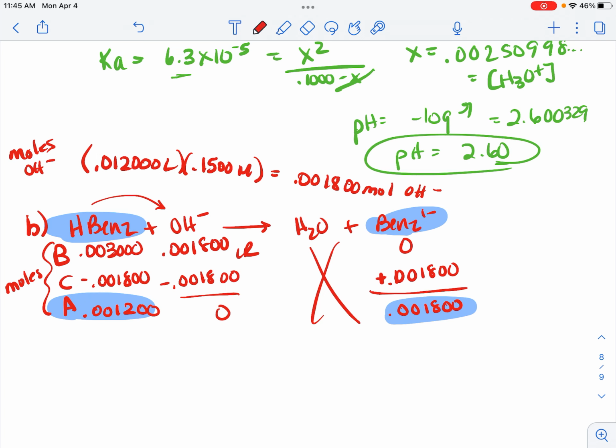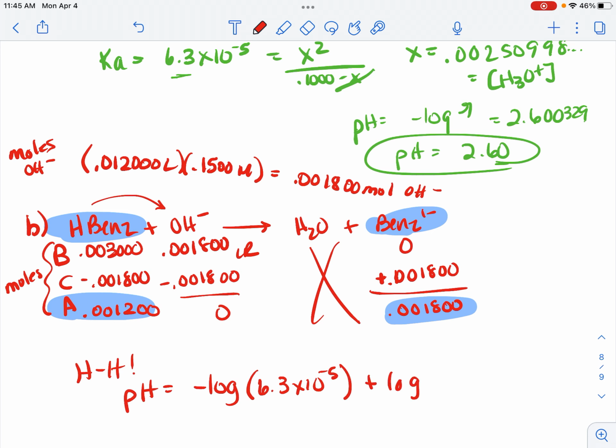This is a buffer. So I'm going to do Henderson-Hasselbalch, which would be pH equals the negative log of Ka, so 6.3 times 10 to the negative fifth, plus the log of the conjugate base, in this case the benzoate ion, 0.001800, and I can do this in moles because it's a ratio, so this is quick. 0.001200 for the acid.